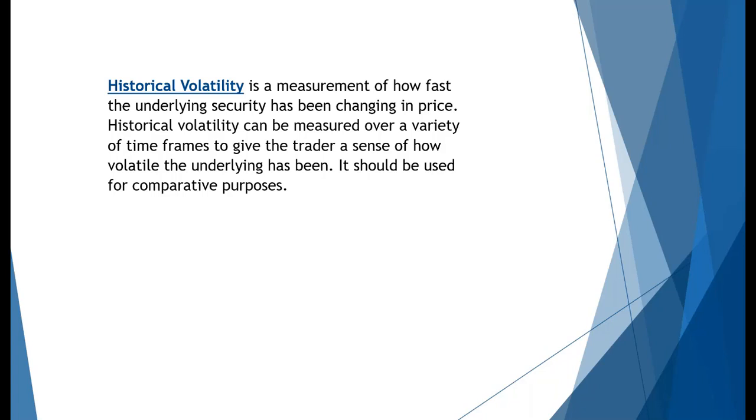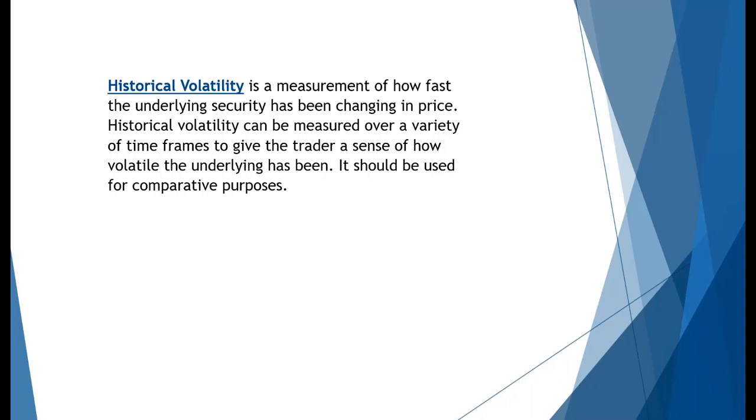Typically, when trading equities or options, the 20-day historical volatility is kind of the go-to. But we can also compare historical volatilities of different time frames to gain a greater understanding of price movement, such as the 20-day, 50-day, or 100-day.